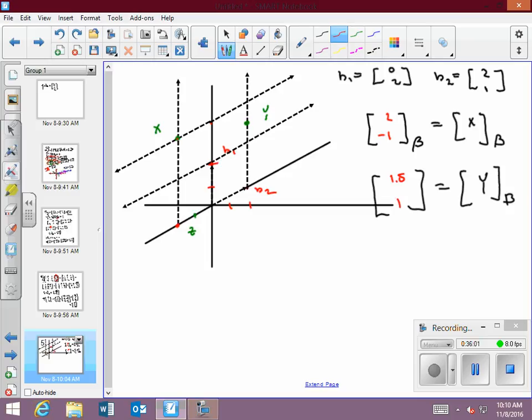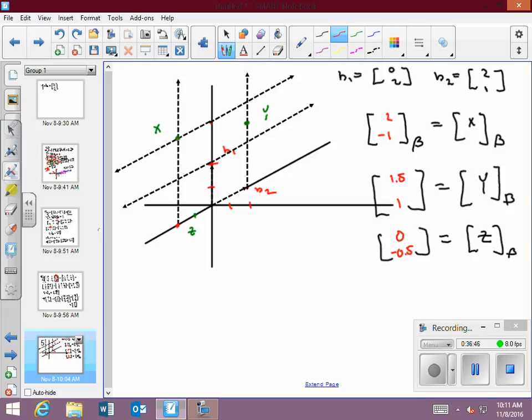And then 1 for B2. And then Z beta. Z we would go 0 B1 and then we would go a negative 0.5 B2, correct? That's what it should be.